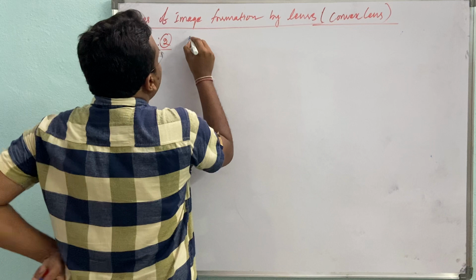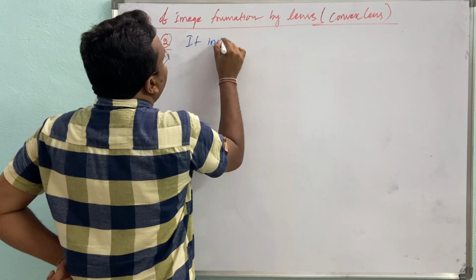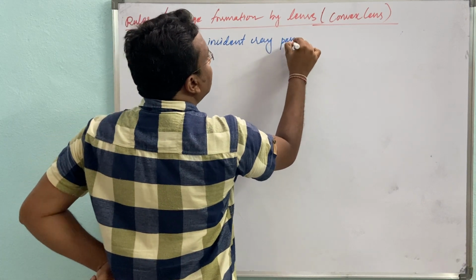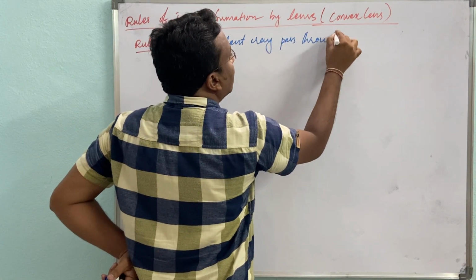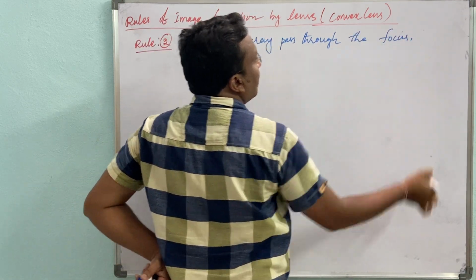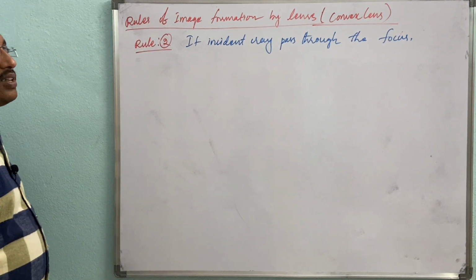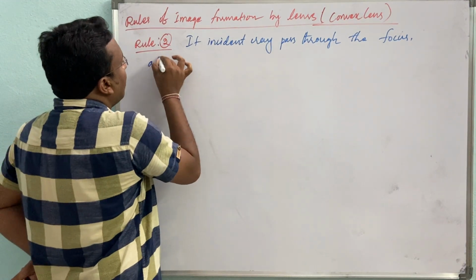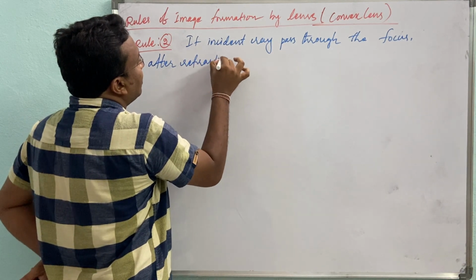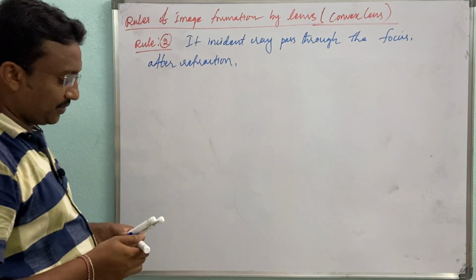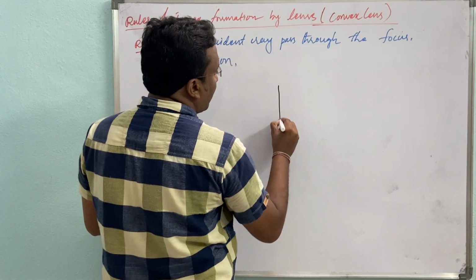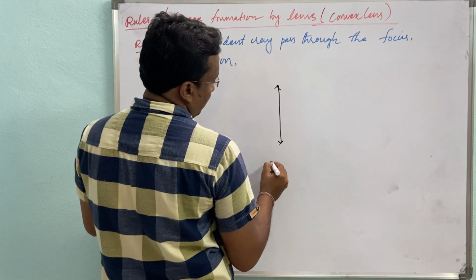If incident ray passes through the focus, after refraction, so what happened to it? Okay, right, here again biconvex lens, right?